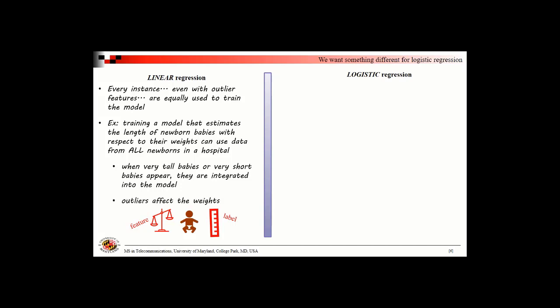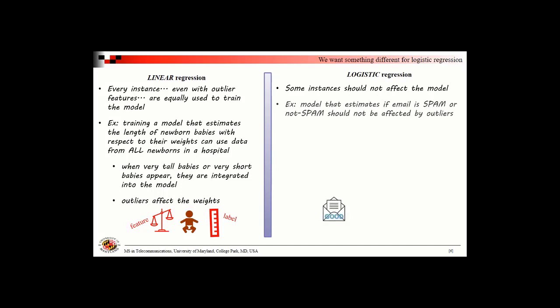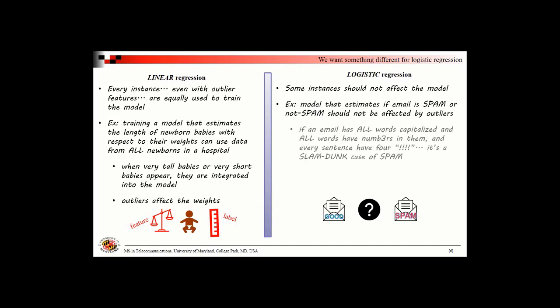On the other hand, when you look at logistic regression, some instances shouldn't really affect our model for a good design. Let's go back to the fact that we're trying to determine whether an email is spam or not spam.